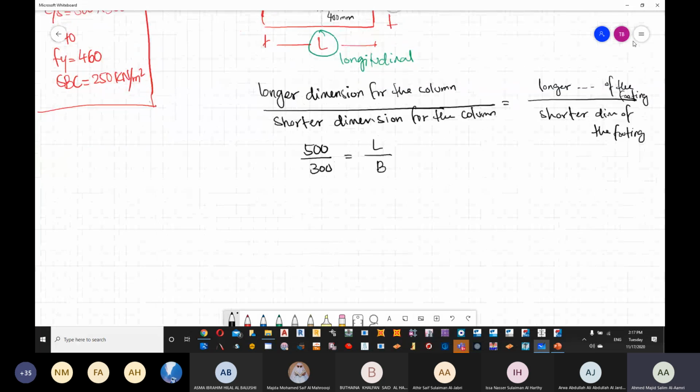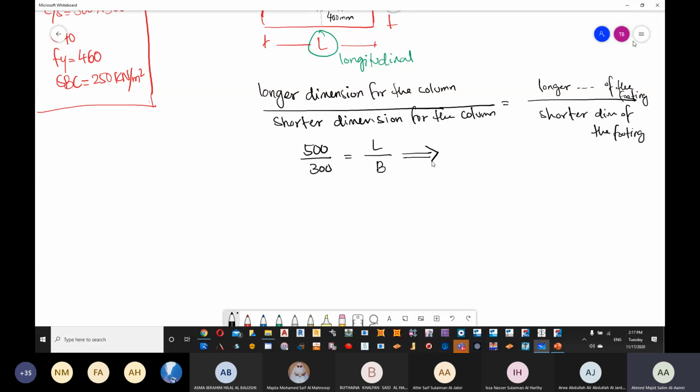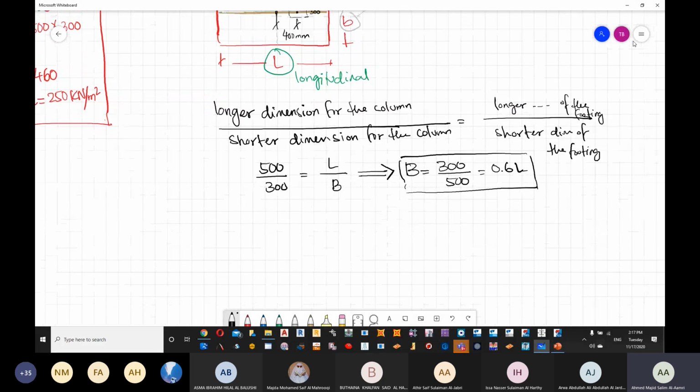And if we do cross multiplication, then you will see that eventually B is going to be 300 divided by 500, which gives you 0.6 of L. Are we fine that B is equal to 0.6 of L?